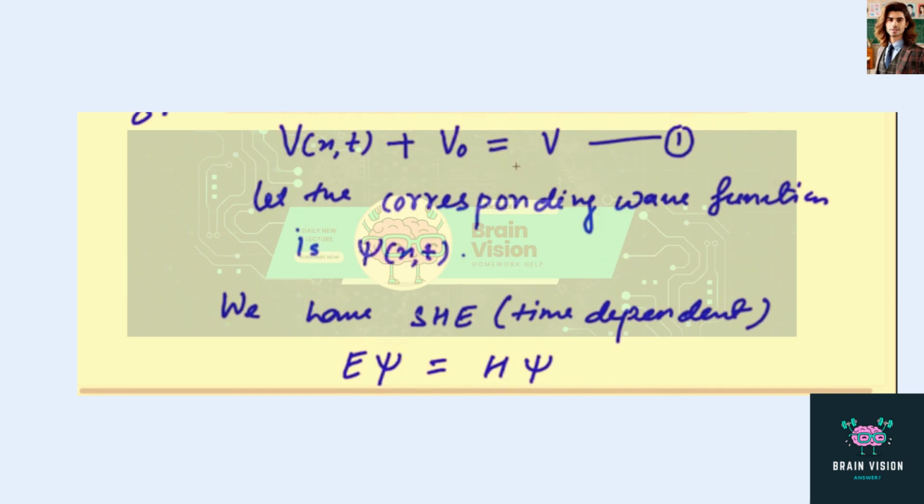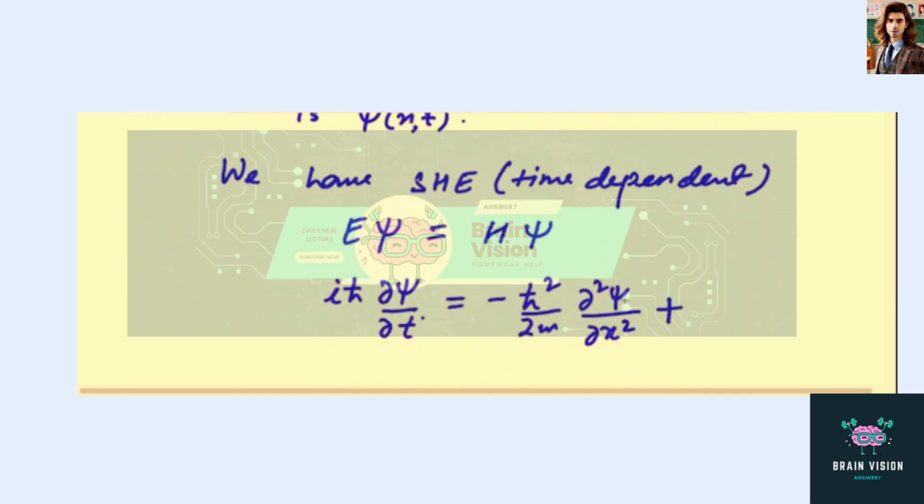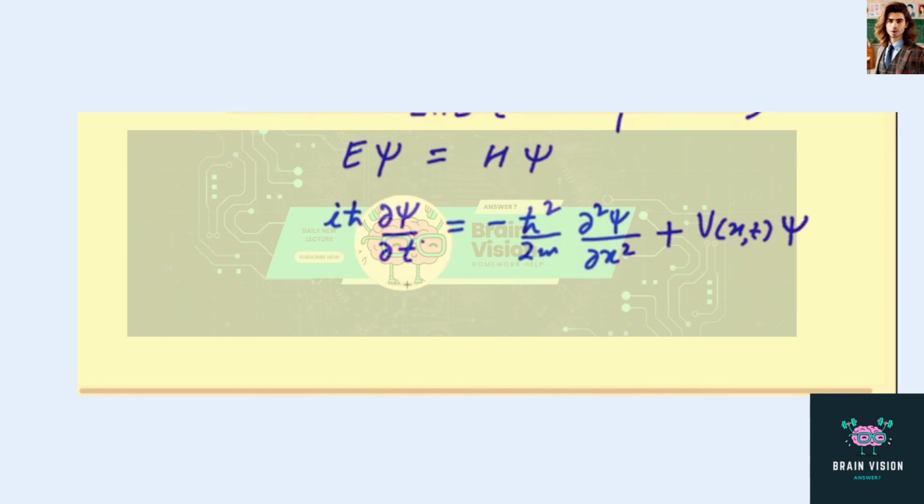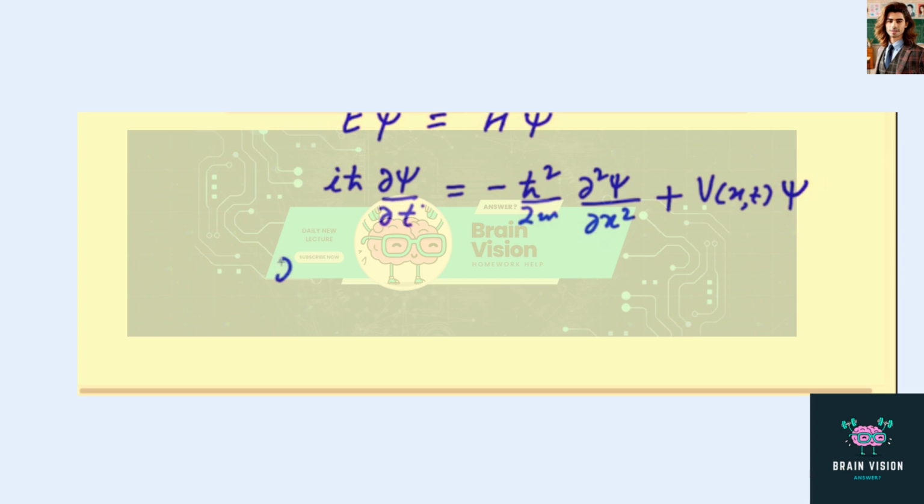When we don't add this V naught, this is V(x,t) psi. Now calculate from here, that is del psi by del t is equal to i h bar by 2m del 2 psi by del x square plus 1 upon i h bar.